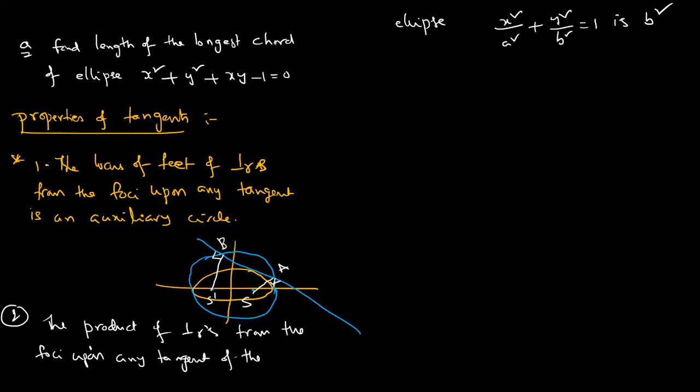What is the logic? They're asking what is the value of SA into S dash B. Simple.